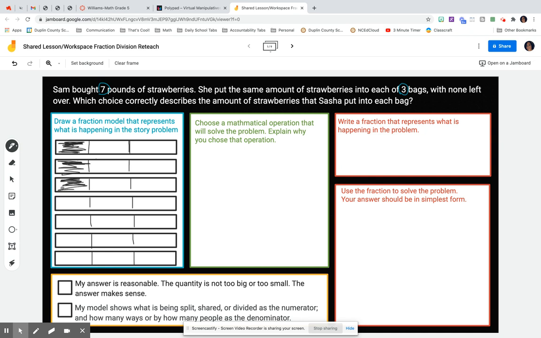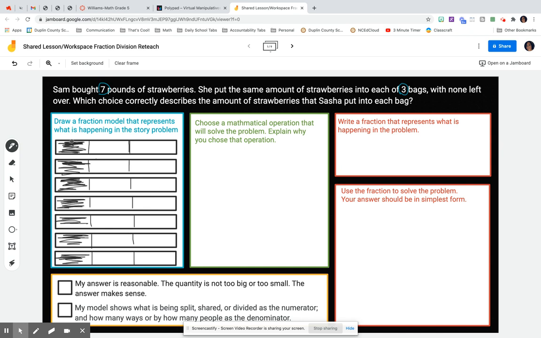So 1/3 of the first pound, 1/3 of the second pound, 1/3 of the third pound, 1/3 of the fourth pound, fifth pound, sixth pound, and seventh pound. So we have 1, 2, 3, 4, 5, 6, 7 thirds in our model. So I think that model represents what's happening in the story problem.